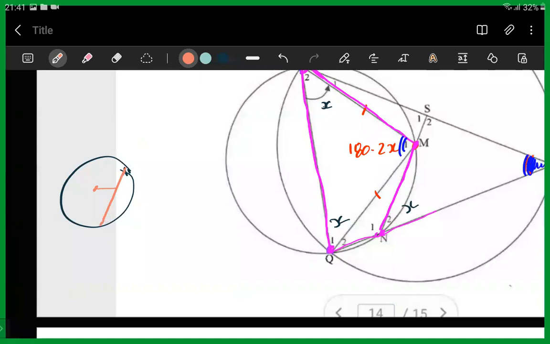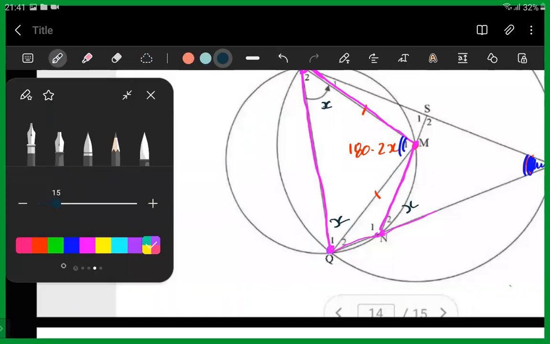So not all lines from the center will always meet a chord at an angle of 90 degrees. It's only specific ones where the chord is 90 degrees with the line from the center. It's only like that if these are equal.